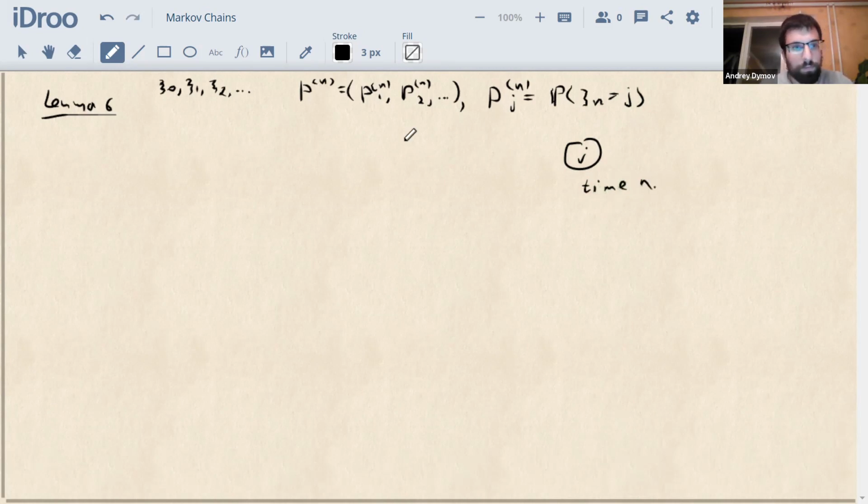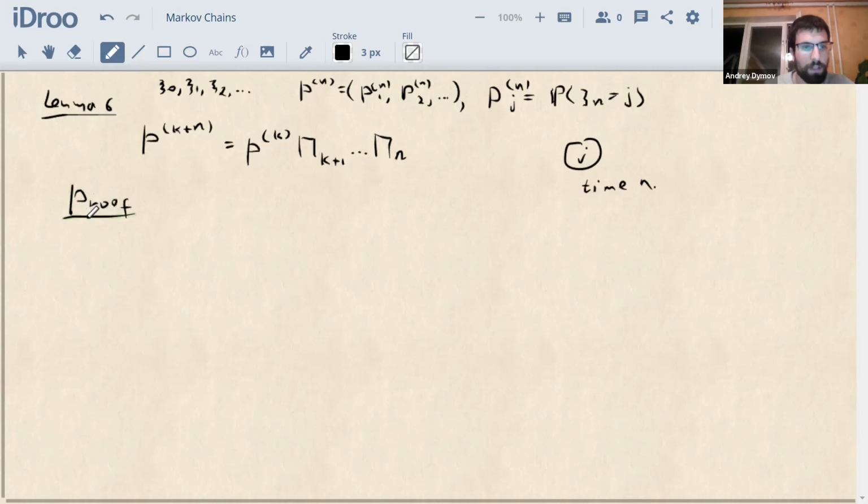And the lemma states that if I wish to compute the distribution of my Markov chain at the moment of time k plus n, I should take its distribution at the moment of time k, and then multiply it by the transition probability matrices Pk plus 1, etc., Pn.